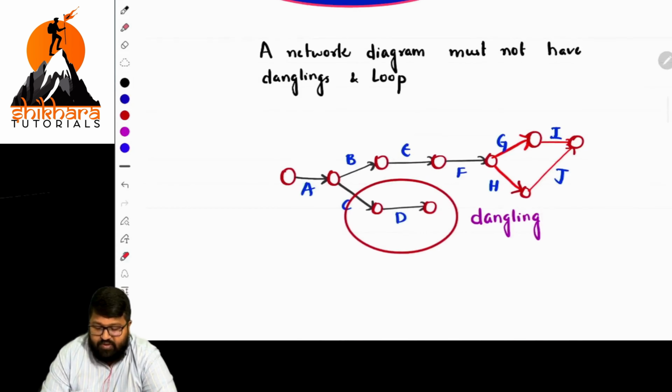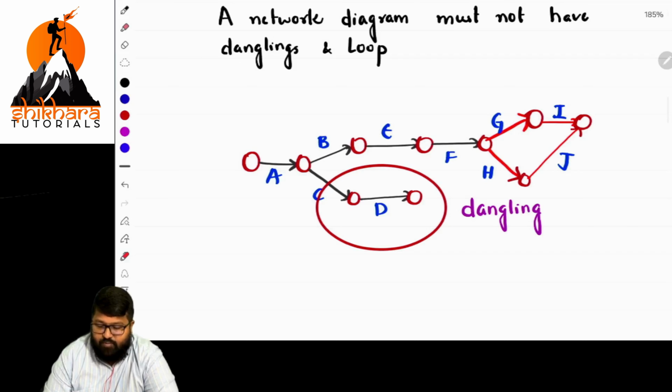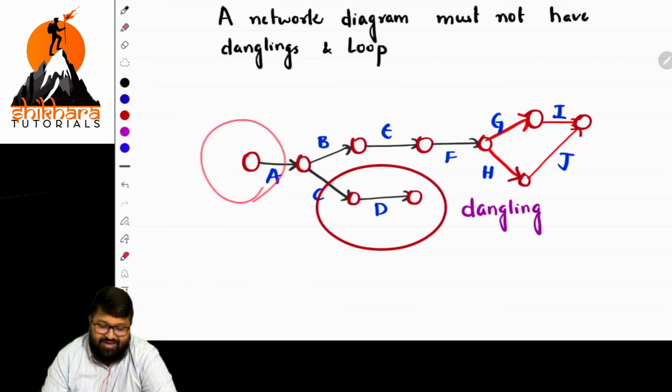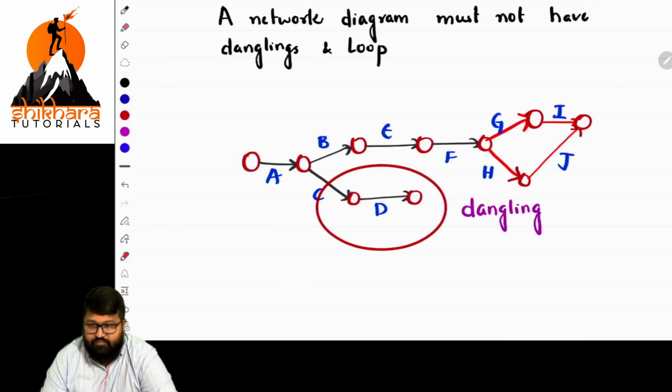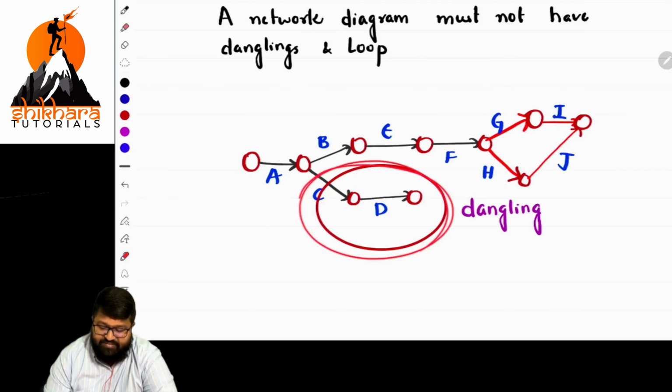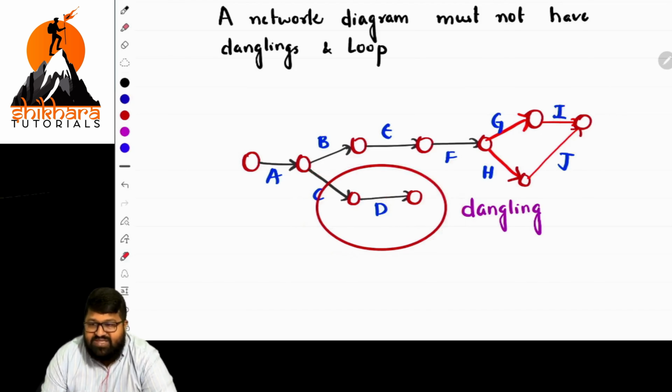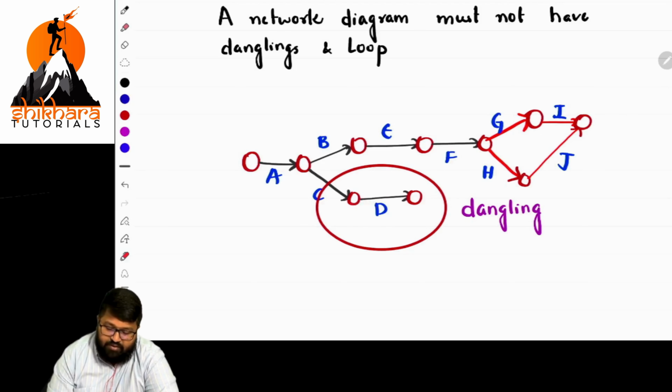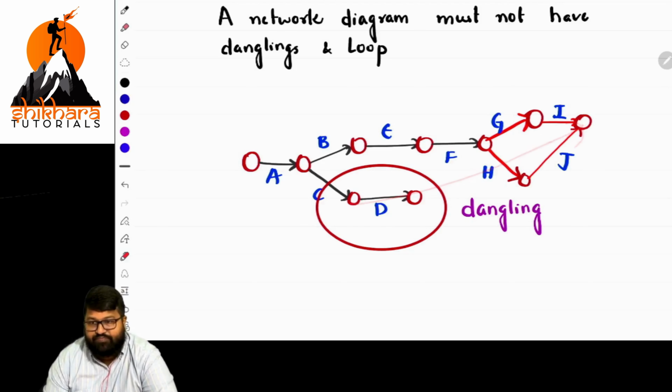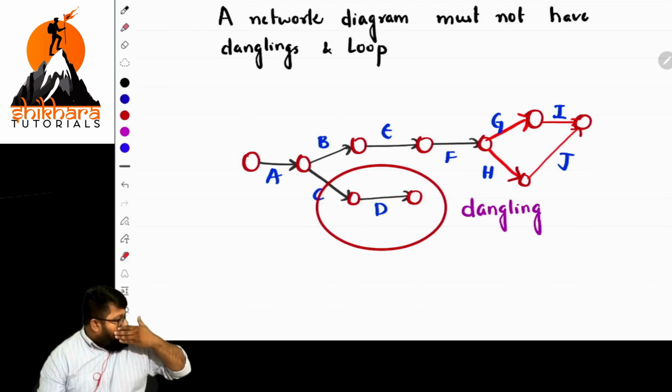What is this? By seeing this diagram, see the points first. What is the basic fundamental rule? Starting should be one event and ending should be one event. But in this arrangement, there are more than two ending events. So such dangling should not be present. To make it perfect, we need to extend it till there. Is it clear?